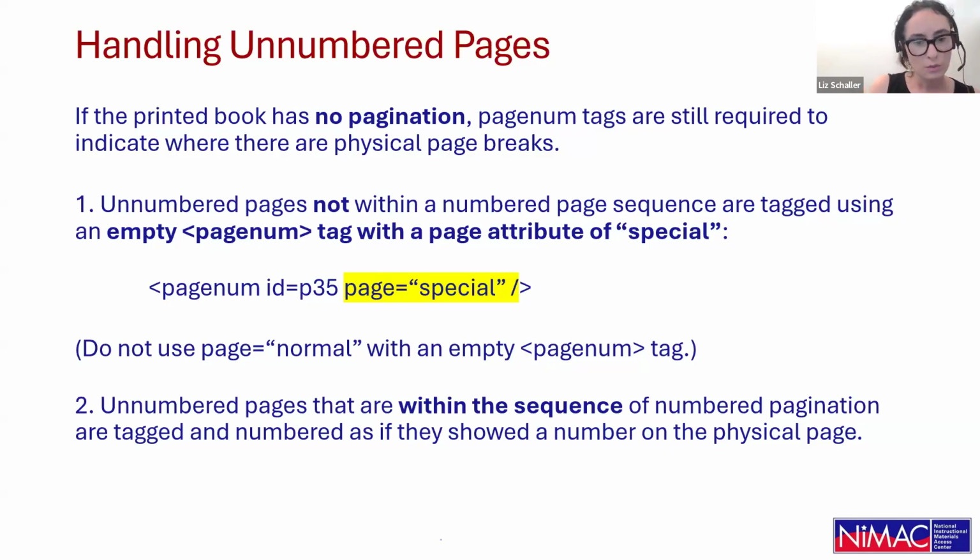Please don't use page normal with an empty page num tag. You always want to use page special for those empty tags. Unnumbered pages that are within the sequence of numbered pagination are going to be tagged and numbered as if they show a number on the physical page. So even if that number is not there, you're going to include that number in your tagging.